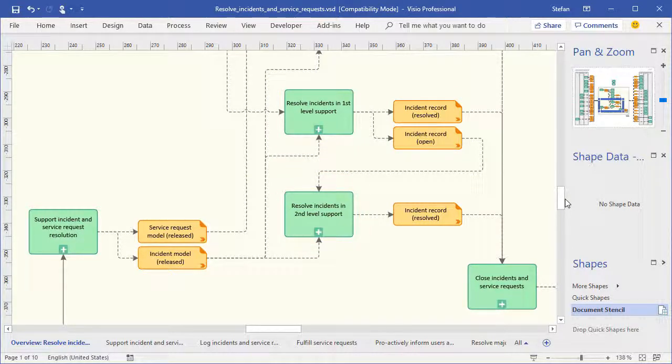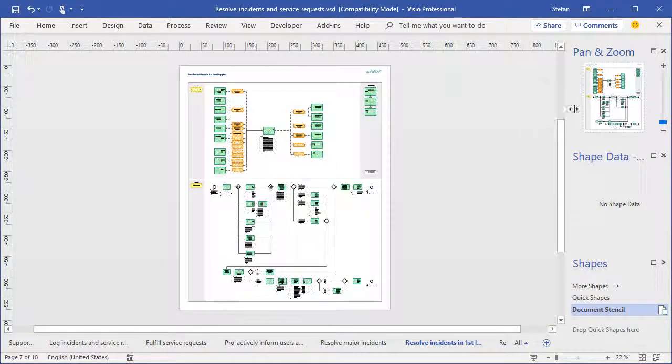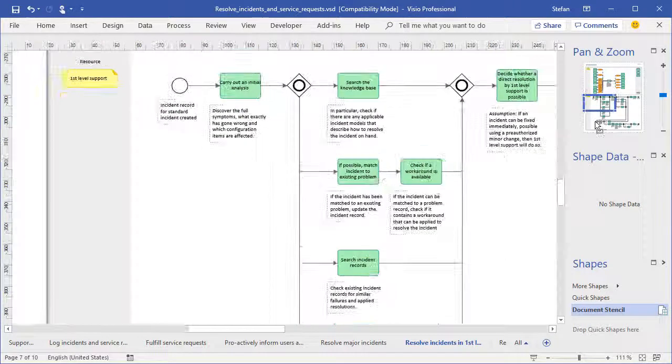For each of these sub-processes, the YaSM model contains an additional level of detail in the form of a swim lane diagram. This one, for example, describes the activities to be performed in first-level support. After an initial analysis, they should search the knowledge base, match the incident to a problem if possible, and so on. This is classical incident management as we know it from ITIL, ISO 20000, and virtually all other service management frameworks.